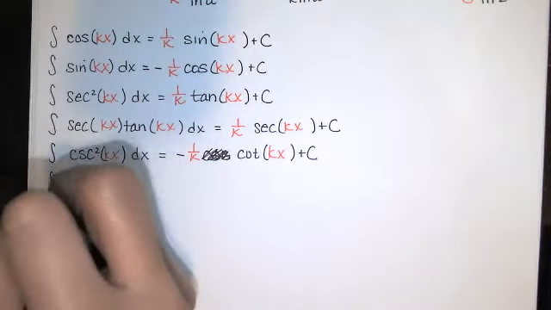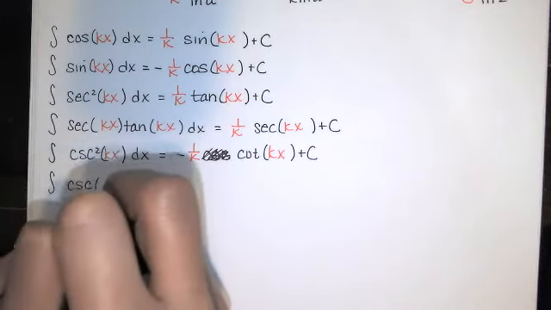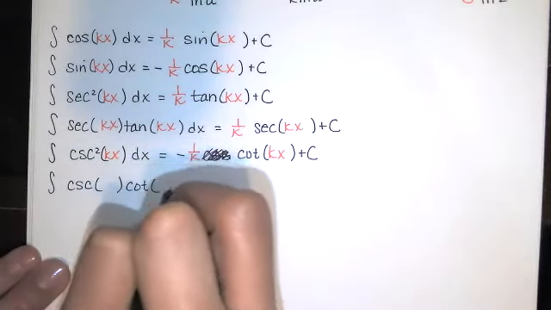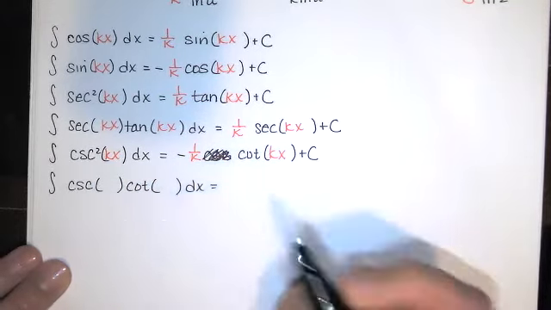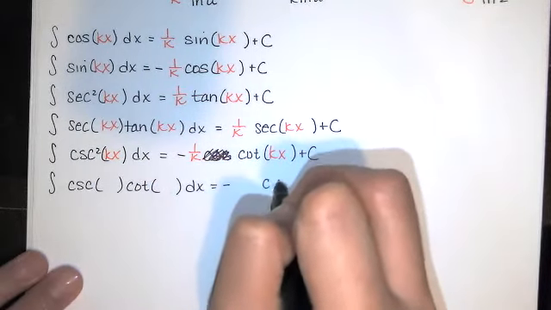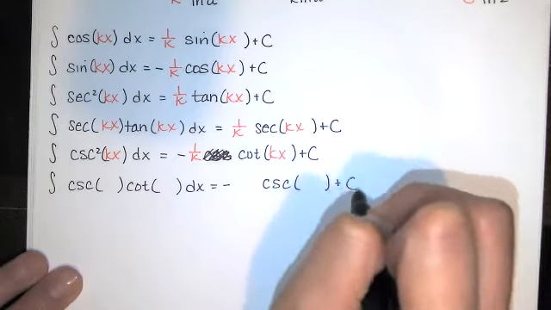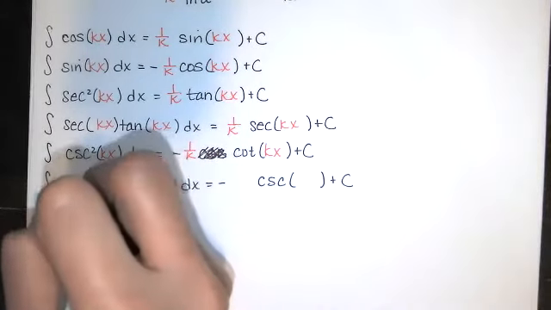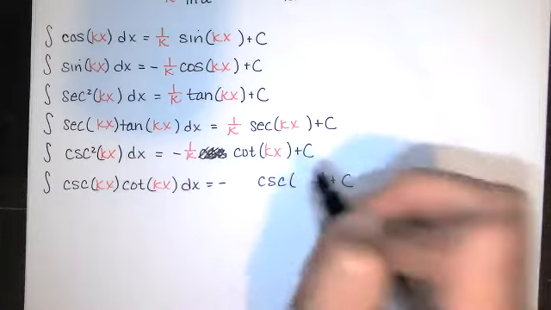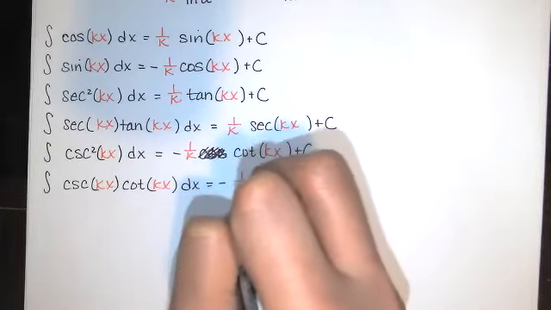Now we want to do the antiderivative of cosecant of kx times cotangent of kx. The antiderivative of cosecant times cotangent is negative cosecant. You replace the x with a kx, and then you divide by the k.